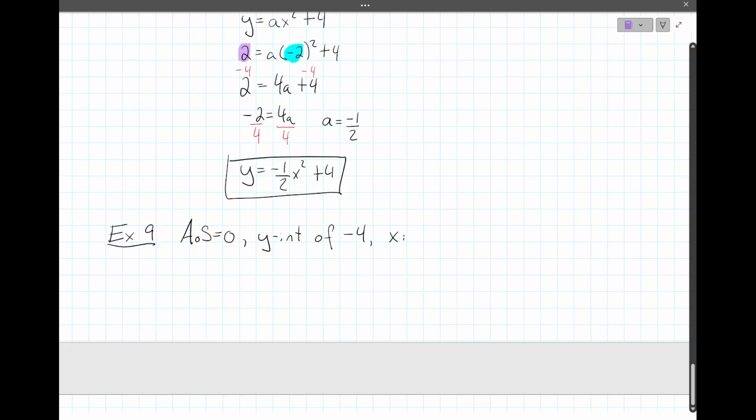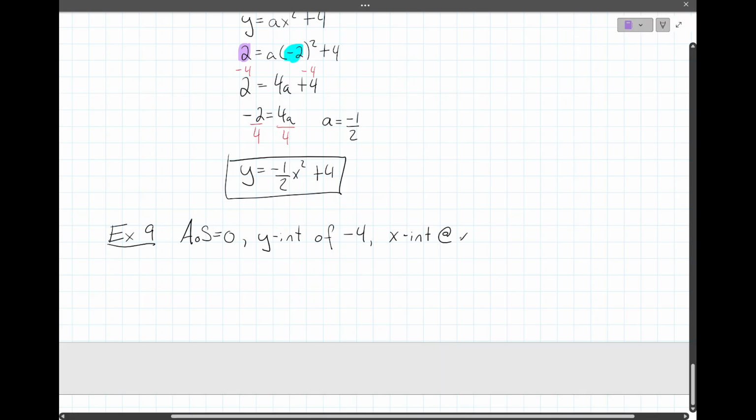When it says at 1, that's the x value: x-intercept at x equals 1. And this means the y-intercept happens at y equals -4. What the axis of symmetry tells us is that the x portion of the vertex is equal to 0. Whenever I have capital V with a subscript x, I'm just talking about the x portion of the vertex.